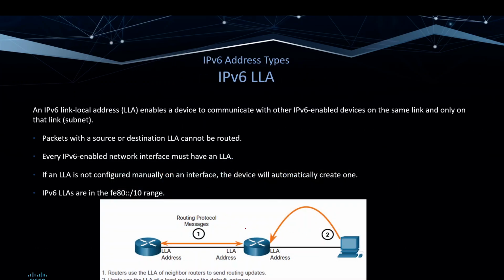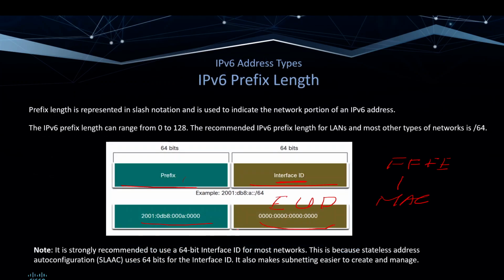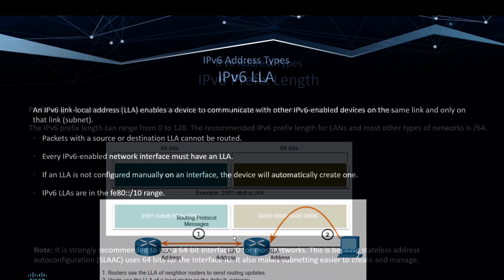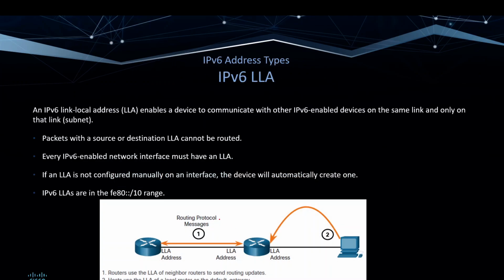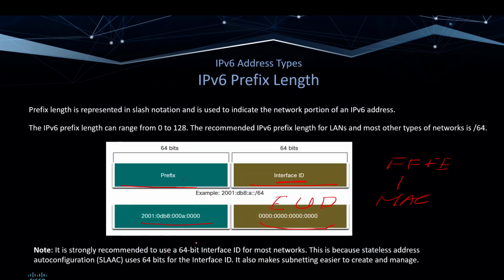So as you can see here, let's go back. We have the LLA, which is link local addresses. So the IPv6 address types. We have the global unicast, and then the global unicast IPv6 addresses.